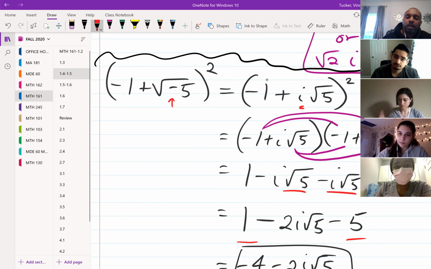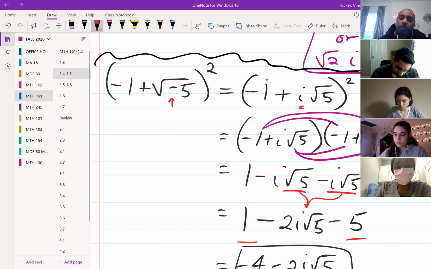All right, so we can combine our like terms. Negative i square root of 5, minus i square root of 5, will be negative 2i square root of 5. Got negative 1 in front of both of those. Negative 1 and negative 1 is negative 2. Then here, i squared is negative 1, and then square root of 25 is 5.